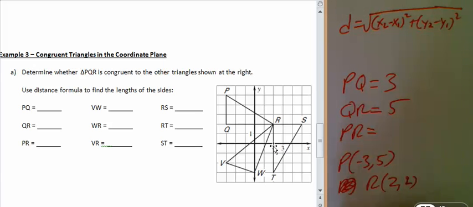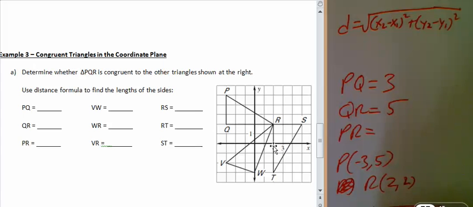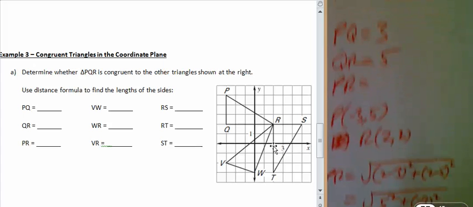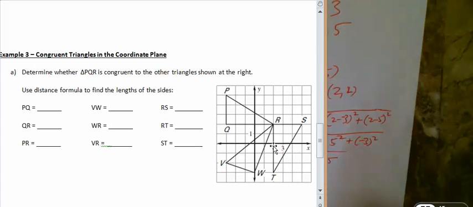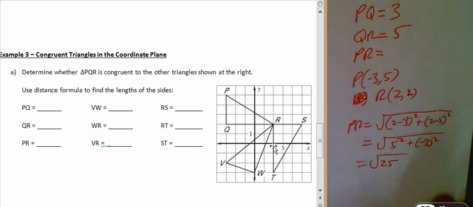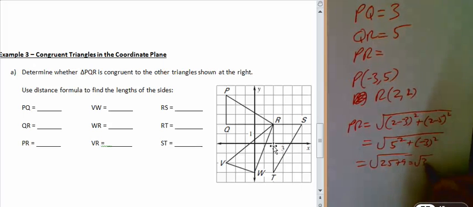So then PR would be 2 minus -3 and 2 minus 5. So that's 5 squared and -3 squared. So that's 25 plus 9, which is the square root of 34.